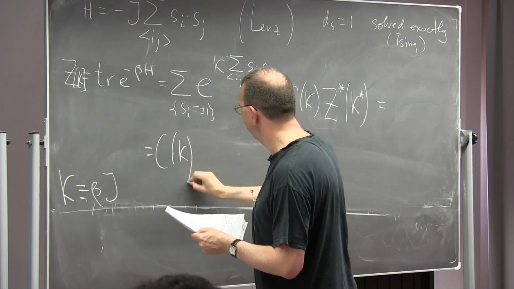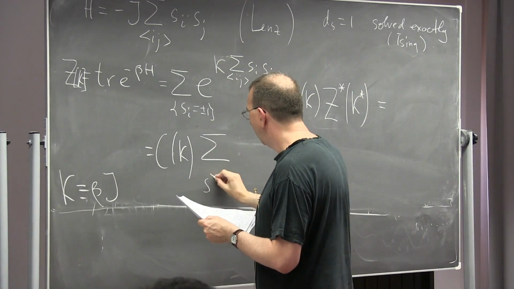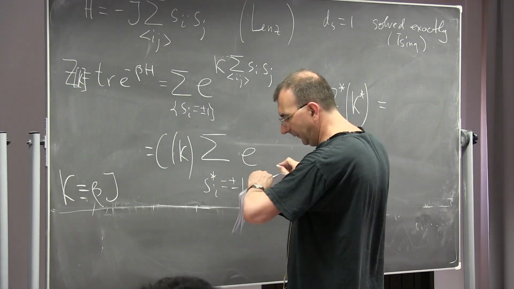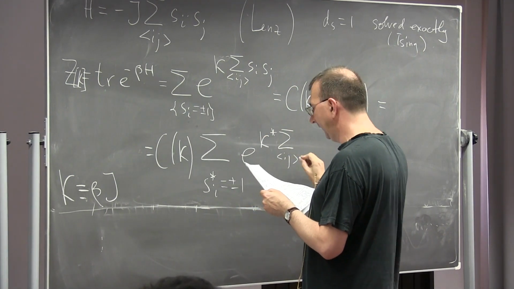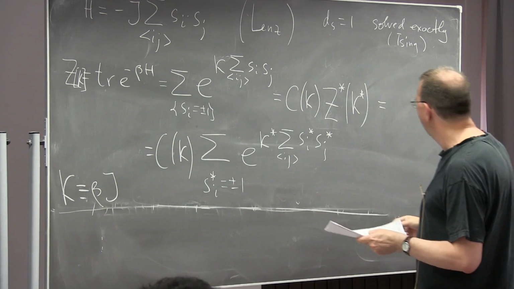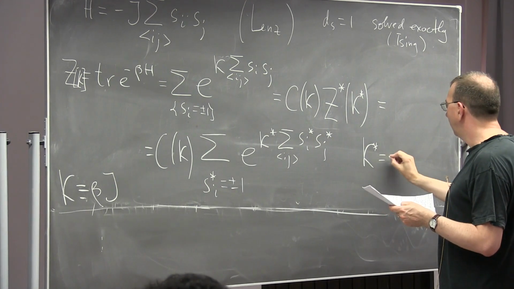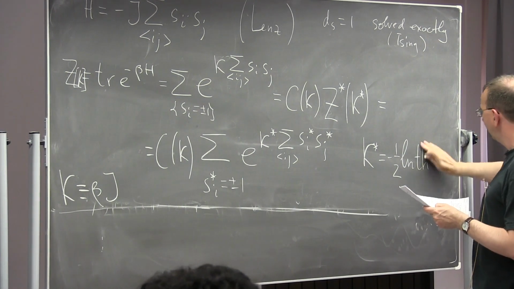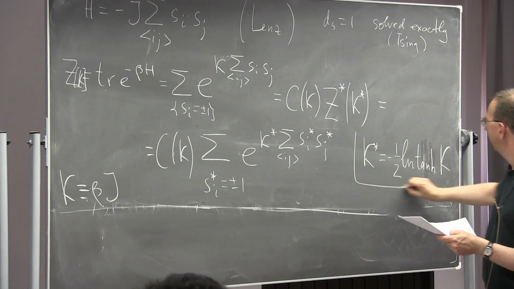So this is c of K, and Z star is the sum over s star i taking values plus minus 1, e to the K star, sum over nearest neighbors of s_i star s_j star. And the K star is minus 1/2 log of hyperbolic tanh K. Okay.